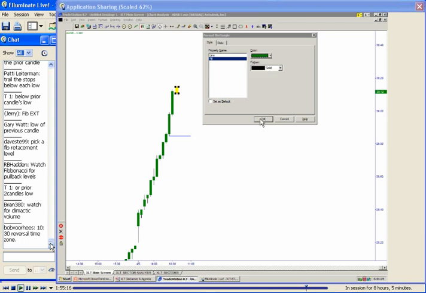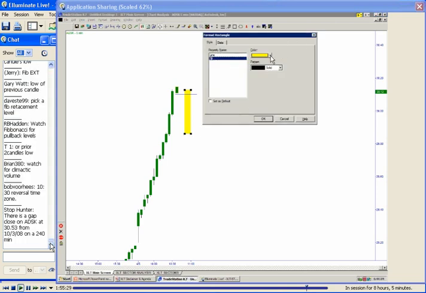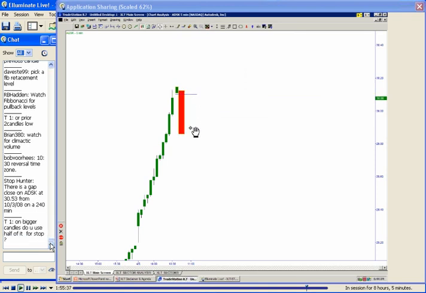It'll get much smaller like this. And once that completes, then we can move our stop up underneath it just like that. And then here comes the red candlestick on the way back down. Just like that, and that'll get us out.